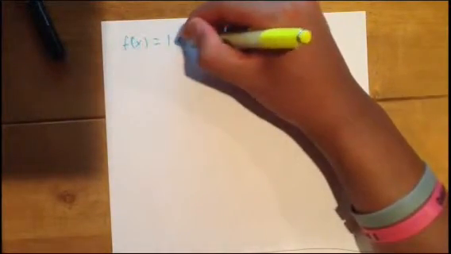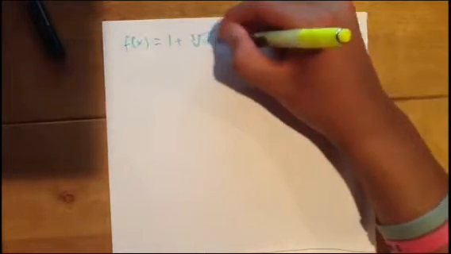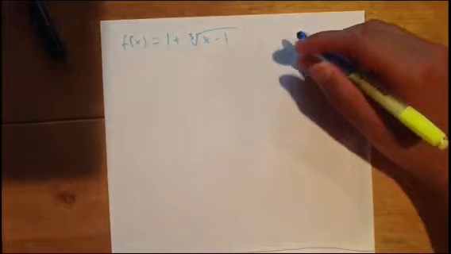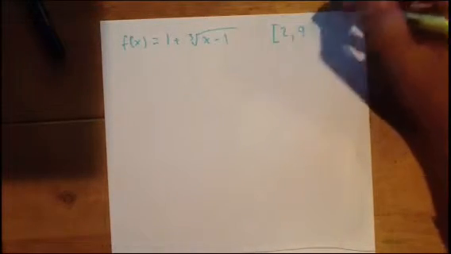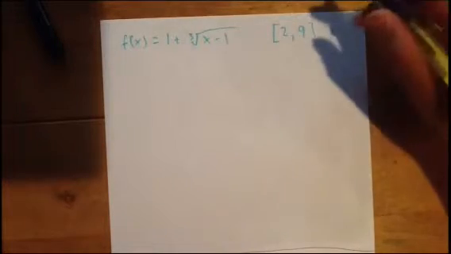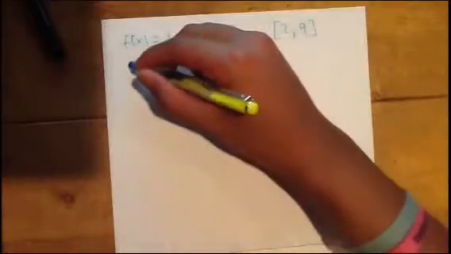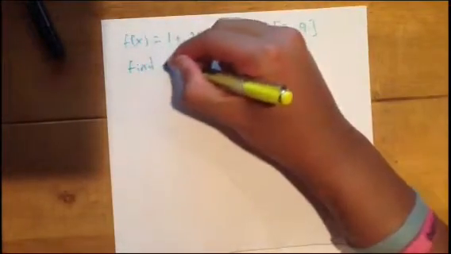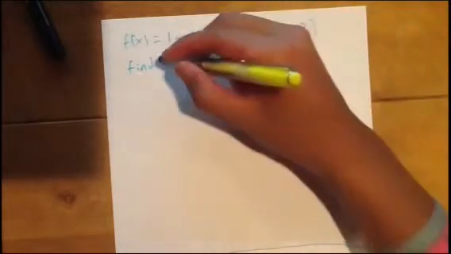So we're going to do an example here. Let's say we have the function f of x equals 1 plus the cube root of x minus 1, and we're going to look at it over the interval 2 to 9. In the problem it will say find all c values guaranteed by the mean value theorem.